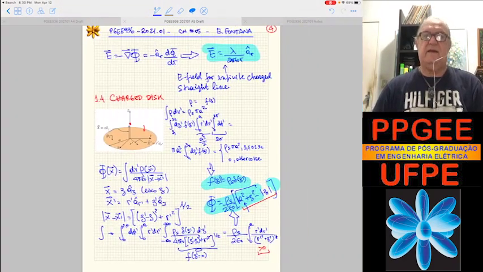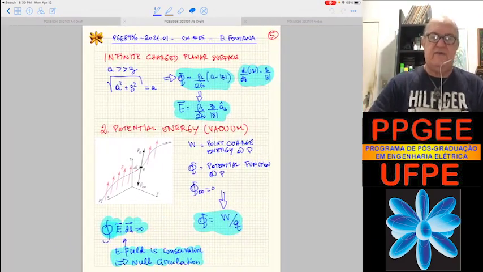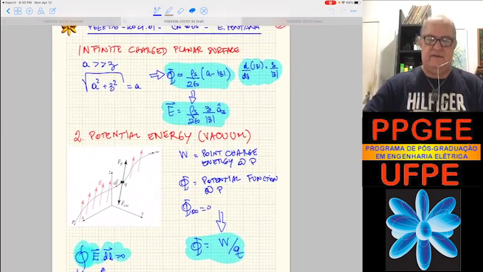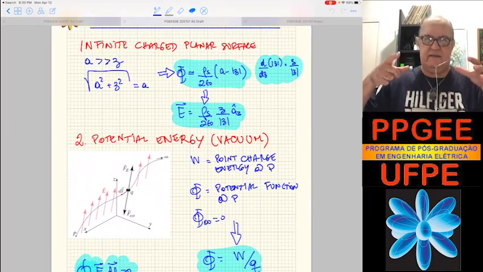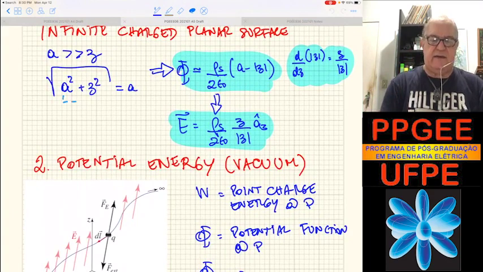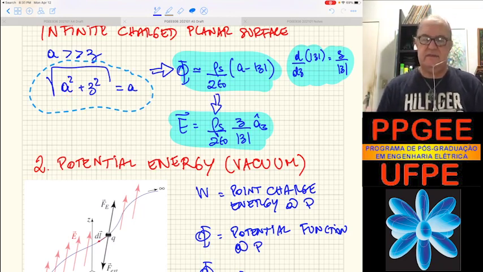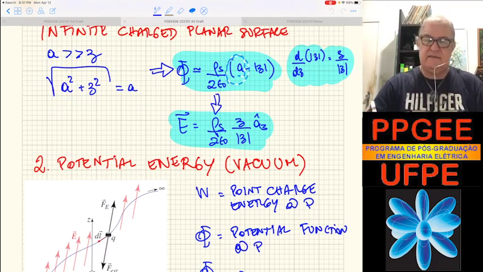So let's see what happens. If we have a very large disk, an infinite flat surface, a plane, I can simply say that a square plus z square is approximately equal to a. So the potential behaves like this. There's a part that goes very high, right? And there's a magnitude function here.